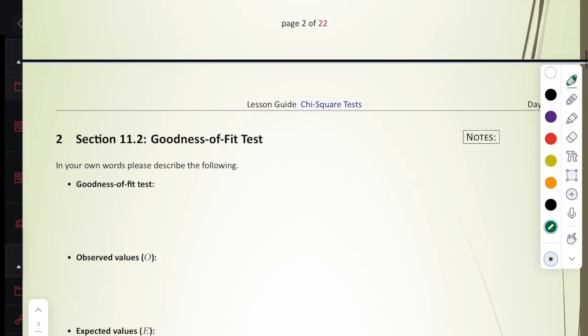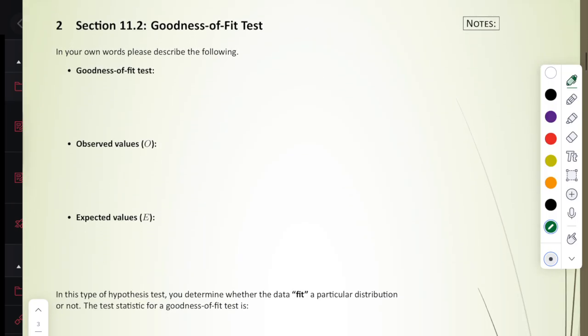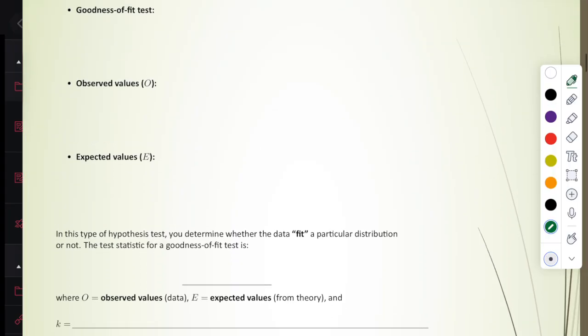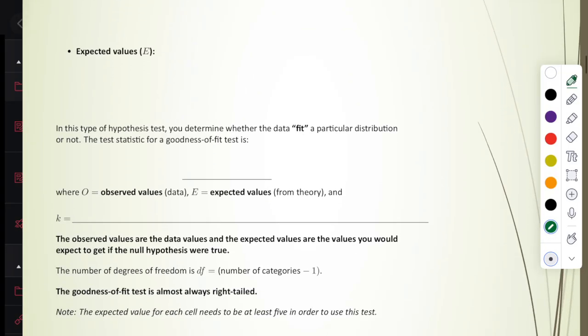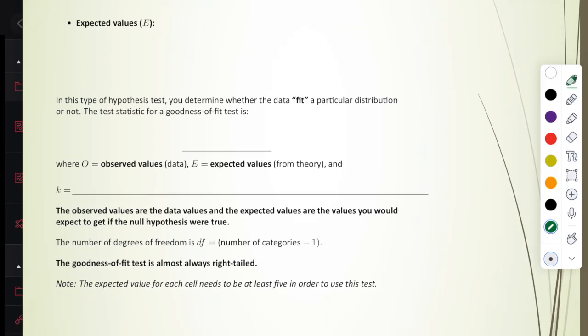Okay, so let's start with what's called the goodness of fit test. In a goodness of fit test, you have one population and one categorical variable, and you want to see whether that categorical variable is distributed according to some expected distribution, some theoretical distribution.